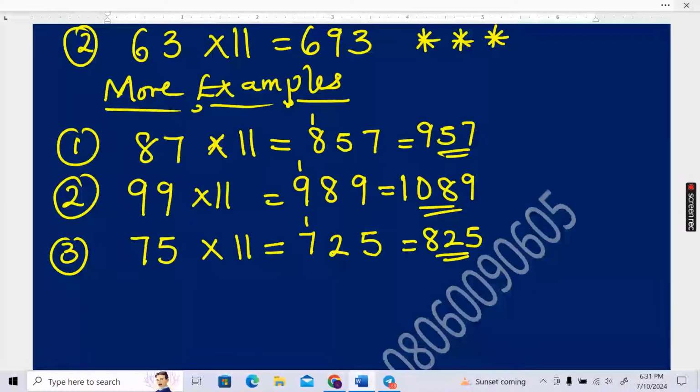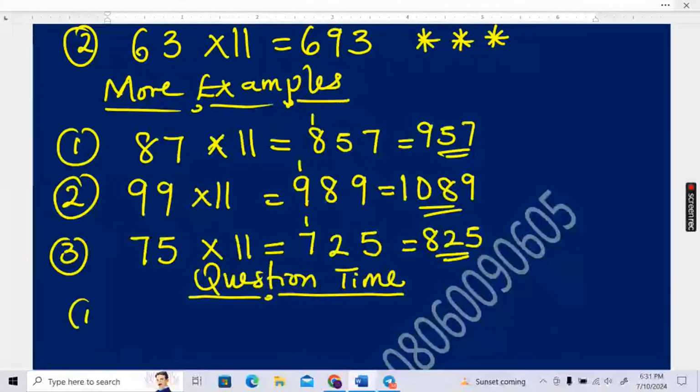Okay, so it is question time for this concept of 11. This first question will give you 4 stars. So what is 87 times 11?